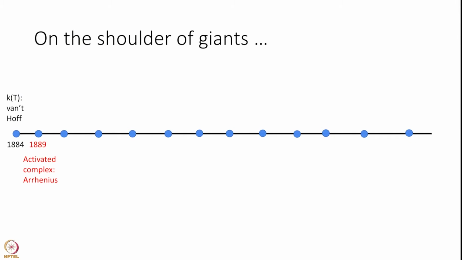In 1889, Arrhenius wrote a seminal paper, a 1.5 page paper that I will show you in the second module. It is a powerful paper, and it is the first paper that postulated the idea of a transition state. Pure hypothesis, pure speculation, but very powerful speculation, and he gives reasons for it in a very beautiful fashion.